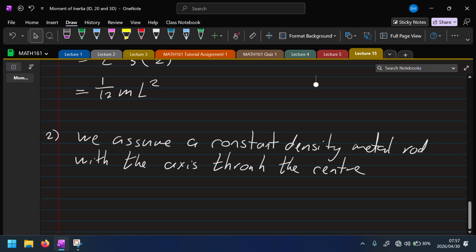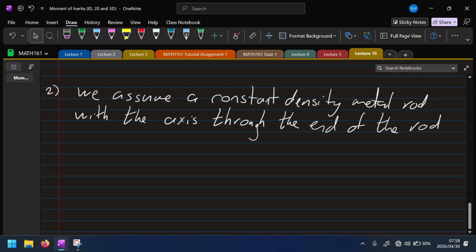Okay, but it's not through the center, it's through one of the ends. Through the end of the rod. Okay, so let's set up our coordinate system so we can put some numbers down. So it's going to be something like this.